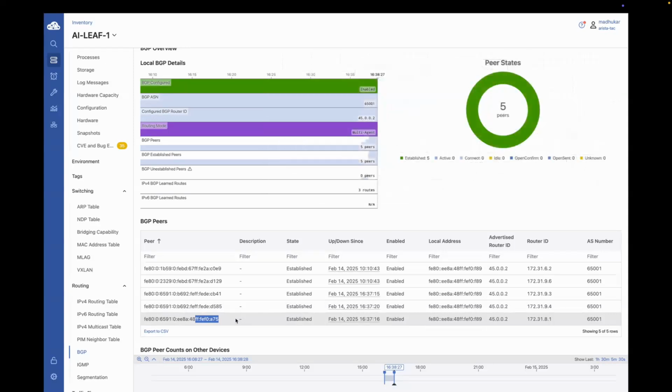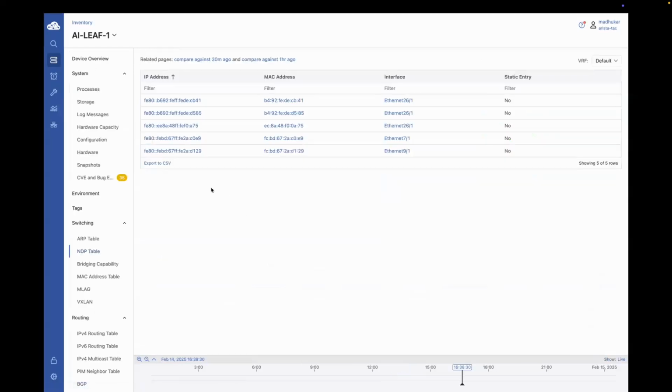So for that, we're going to make use of the neighbor discovery table, and check it on the AI leaf 1 to see how we learned about these IPs. And we're going to make use of the endpoint search to check who owns these IPs. Now, if we see this table, we see that these IPs that we were talking about are being learned behind ET26/1.